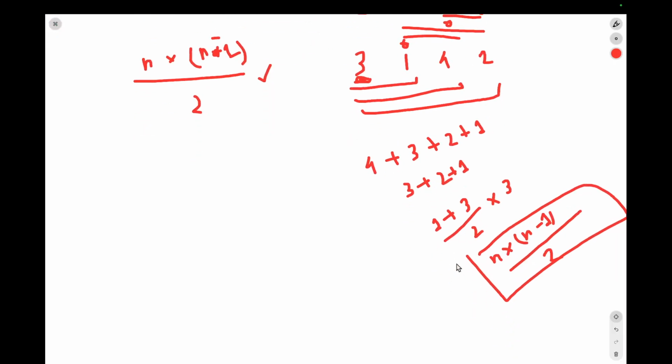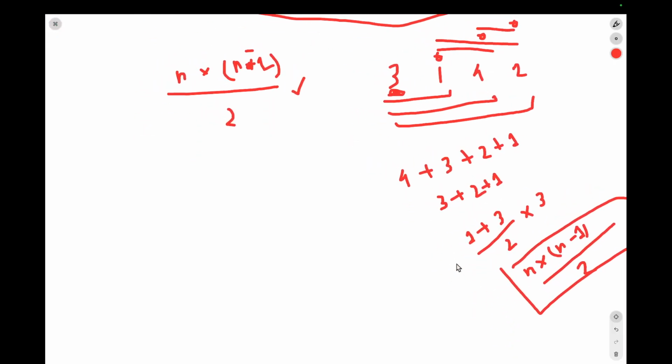Okay, so now we are given that there are k such subarrays where the condition follows. Let's say we consider this as total.